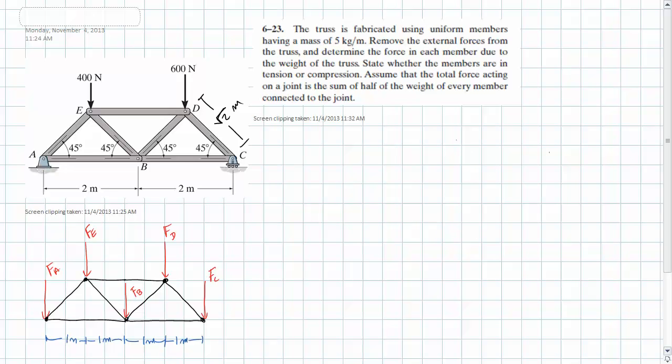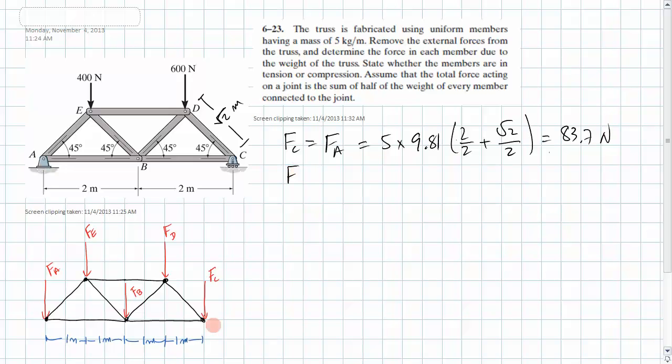So basically FC would be equal to FA, and that is equal to 5 times 9.81 times (2 over 2 plus square root of 2 over 2), and that is equal to 83.7 newtons. Then FB, so these are the weights at these 2 points here. FB is equal to what? I'm going to have 1/2 coming from this.